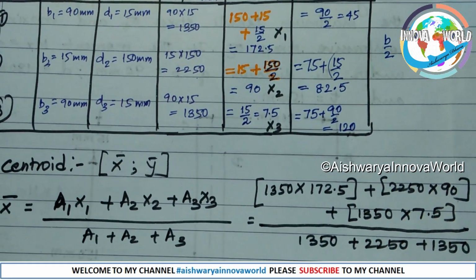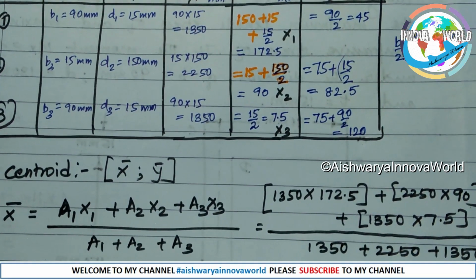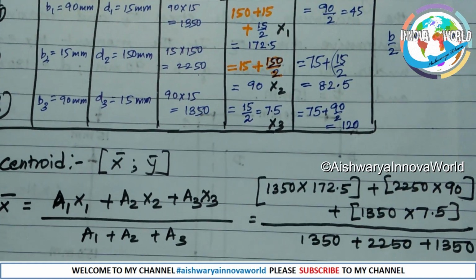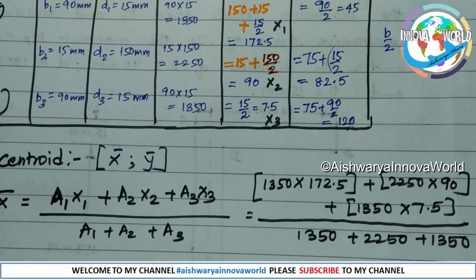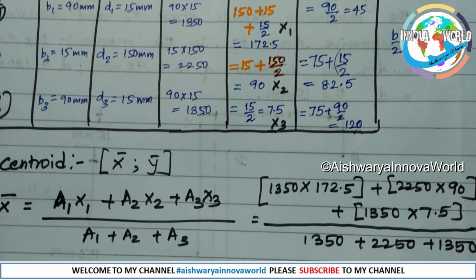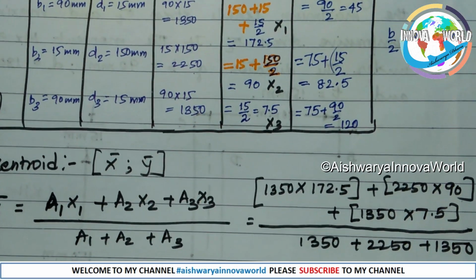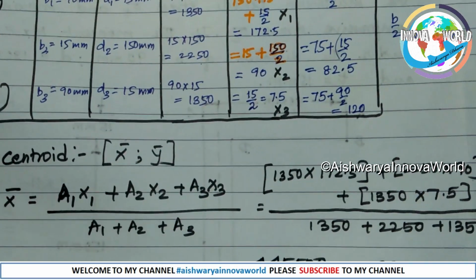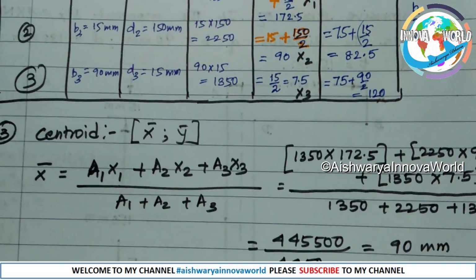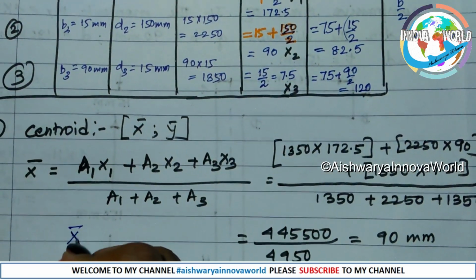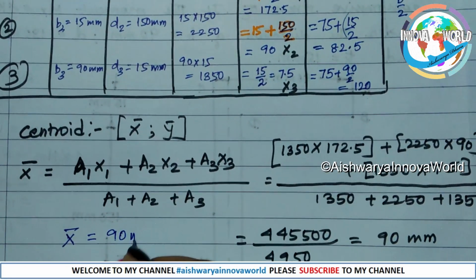So when you solve this, you get something around 445500 by 4950. And when you calculate that, you get 90 mm. That means x bar equals 90 mm.